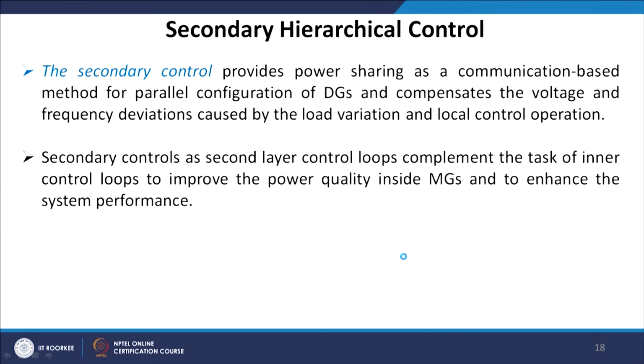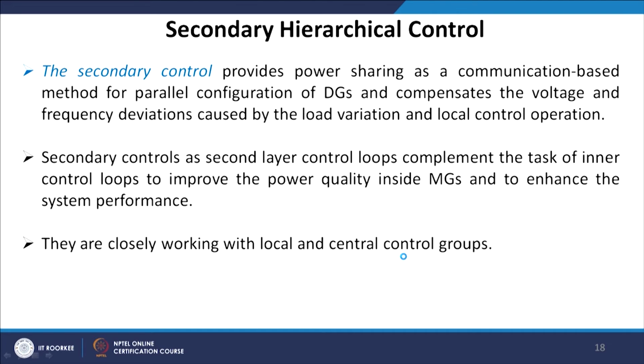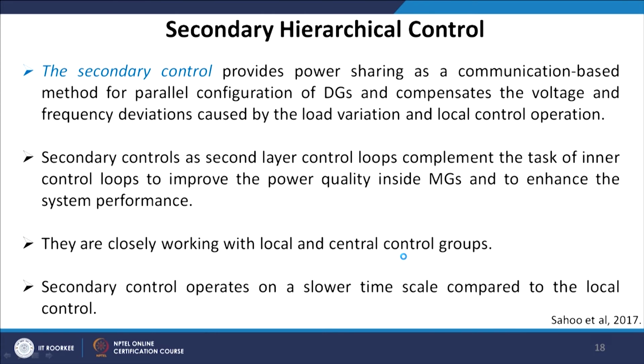Secondary control, as a second layer control loop, as we have seen in the previous diagrams, complements the task of inner control loops to improve the power quality inside microgrids and to enhance the system performance. They are closely working with local and central control groups. Secondary control operates on a slower time scale compared to the local control.